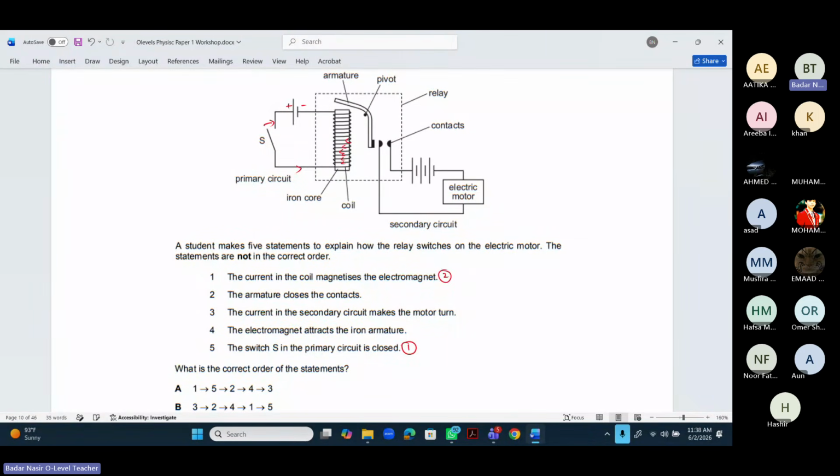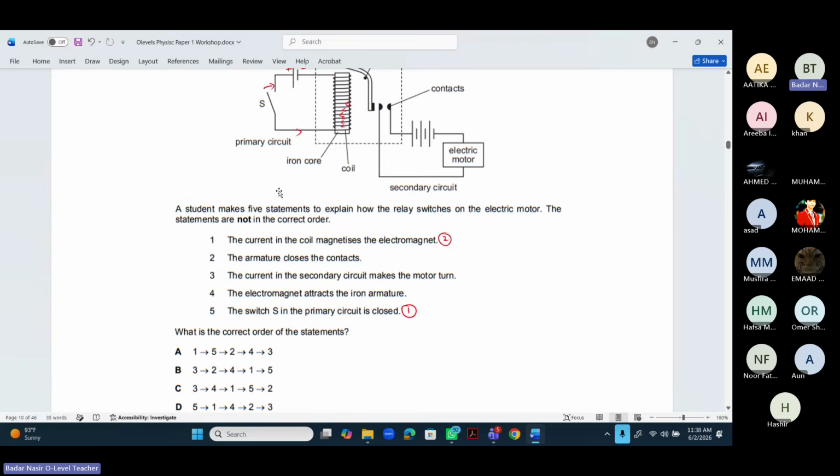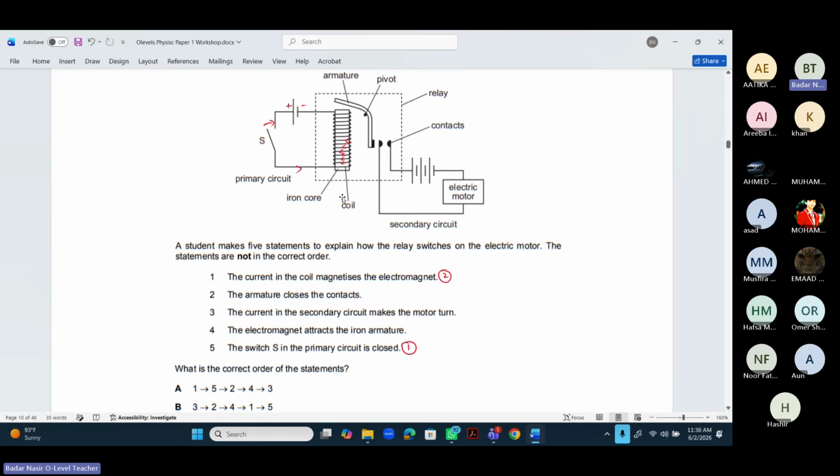So the second stage is the current in the coil magnetizes the electromagnet. फिर उसके बाद हमारे पास क्या होगा? यहाँ पे मैग्नेटिक पोल्स प्रोड्यूस हो गए. लेट्स से द नॉर्थ है, द साउथ है, और इस आर्मेचर पे भी मैग्नेटिक पोल्स इंड्यूस हो गए, जिसकी वजह से ये वाला एंड जो है इट विल मूव डाउनवर्ड्स, and the other end of the armature will move to the right, and it's going to close the contacts.